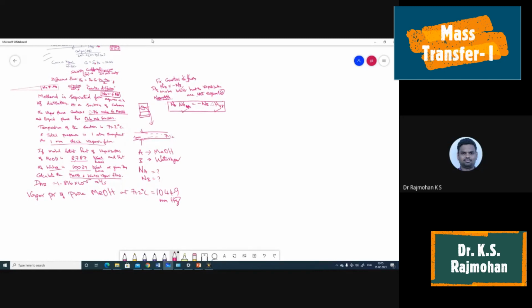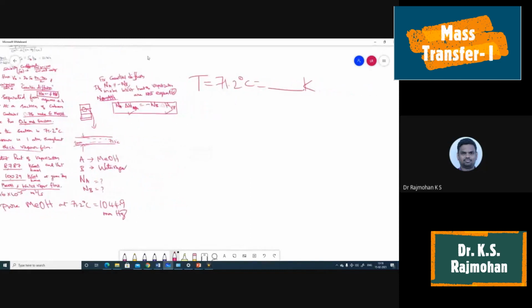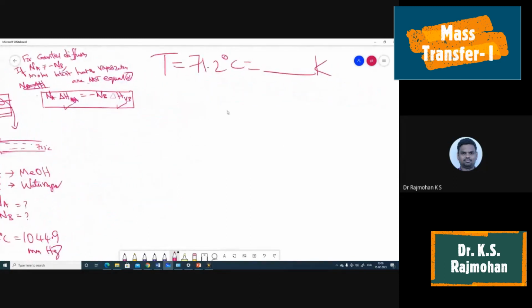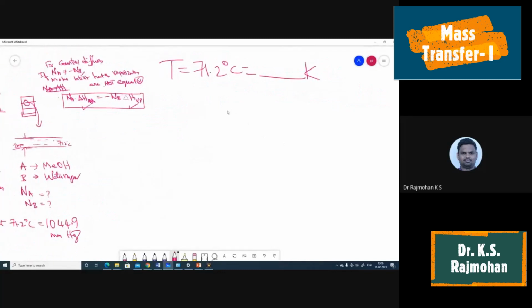T is given as 71.2 degrees Celsius, which is equal to this much Kelvin. 273 plus 71.2, how much? 344.2 Kelvin. Pressure is given as 1 atmosphere. How much kilopascal? You know, 101.325 kilopascal. The Z value is known, that is 1 mm.